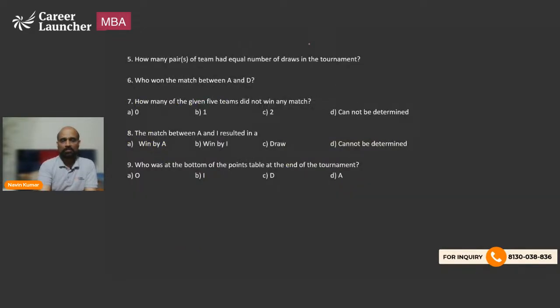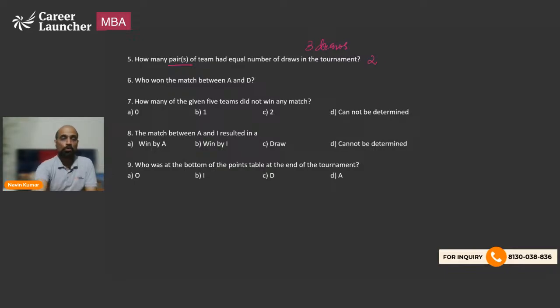Or in other words, there are 6 teams. Out of the 6 teams, 1 team has 2 draws, and the remaining 4 have 1 draw each. Since the question is asking how many pairs of teams had an equal number of draws, since there are 4 teams, that's going to give us 2 pairs.